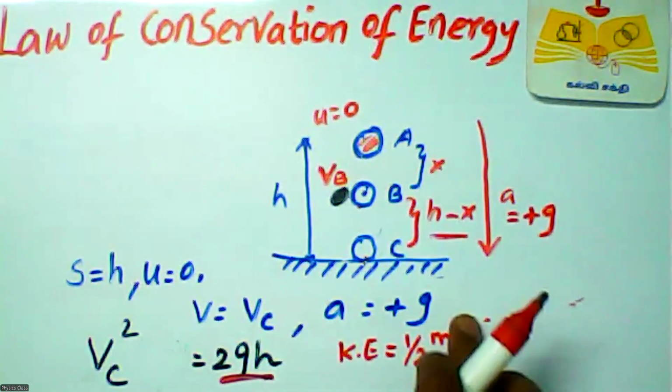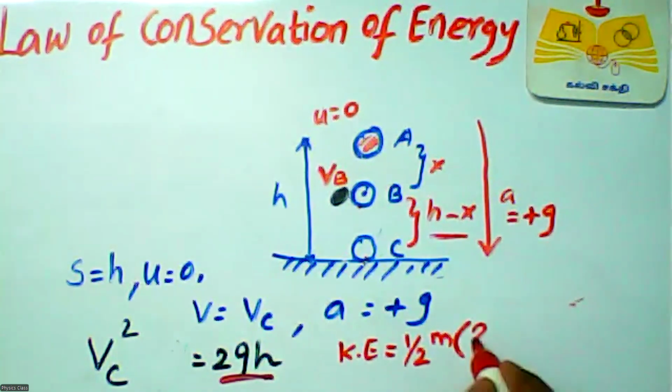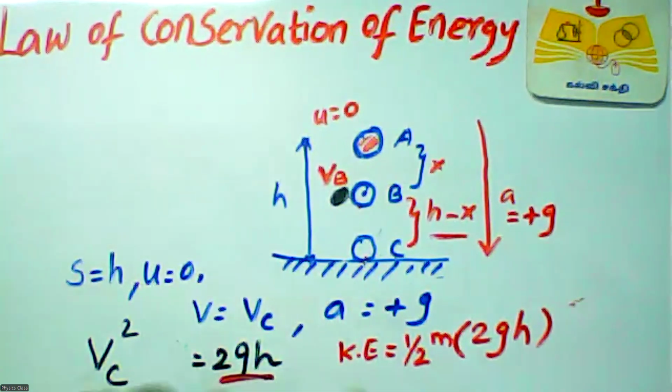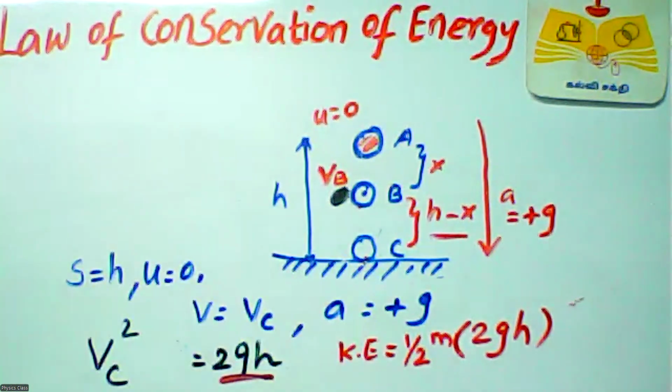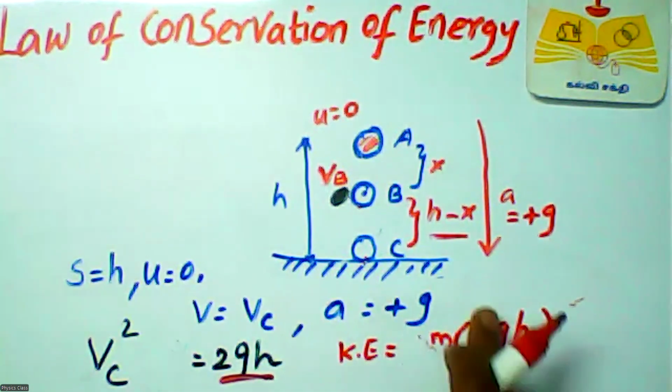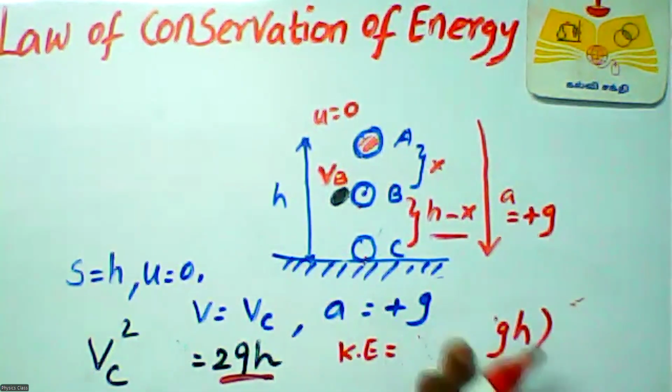So I can put 2gh for the calculation of kinetic energy of the object at the position C. So you can cancel out 2. So here kinetic energy is equal to mgh. Yeah, clear?